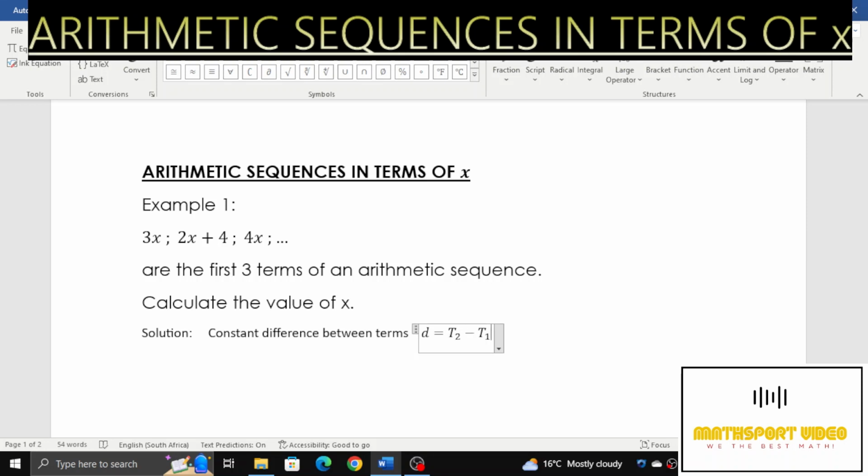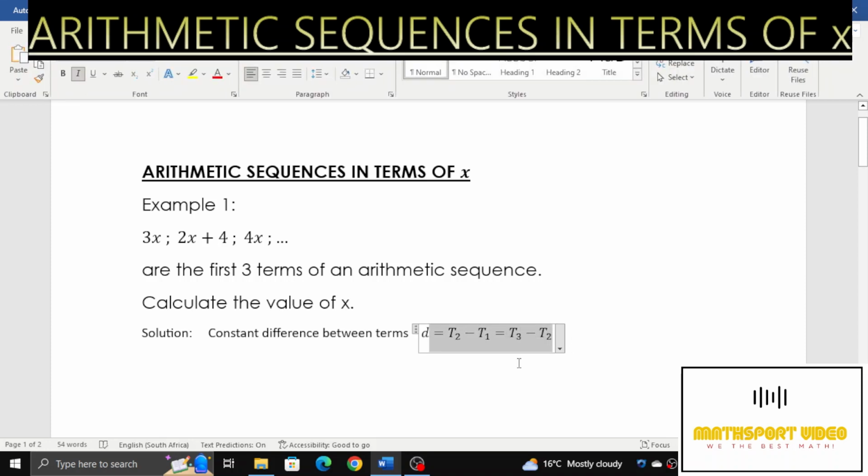So, for example, if you work out T2 minus T1, that is going to give you your constant difference. You can work out T3 minus T2. That's also going to give you the same constant difference. And so using this principle, it will allow us to set up an equation in terms of x that we can then use to actually solve and figure out x.